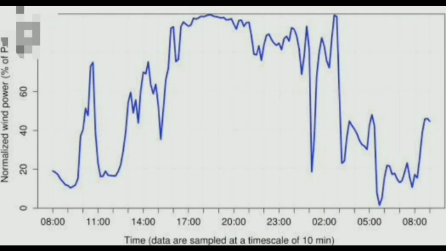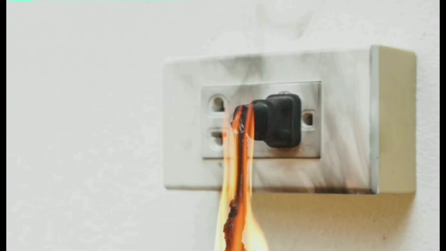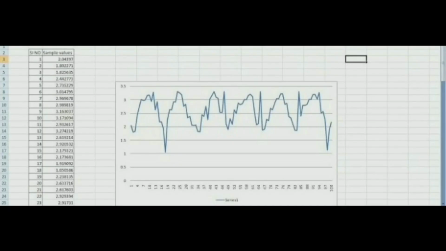Fluctuating outputs that jump by plus or minus 2 volts can cause inefficient operation and possibly damage your charging devices. There are a lot of reasons why a voltage fluctuation may occur. For example, condition of the power grid, other appliances turning off and on, time of the day, environmental factors, etc.